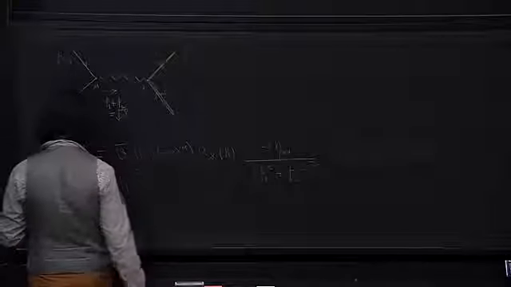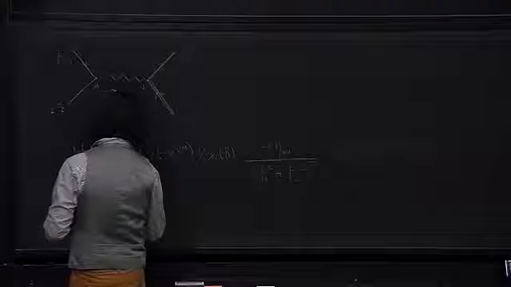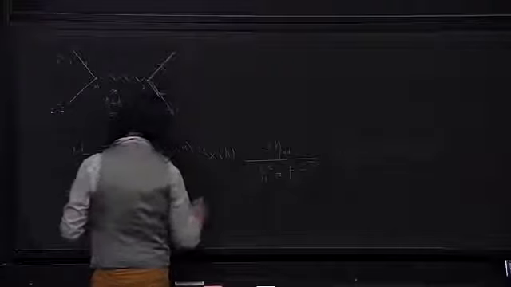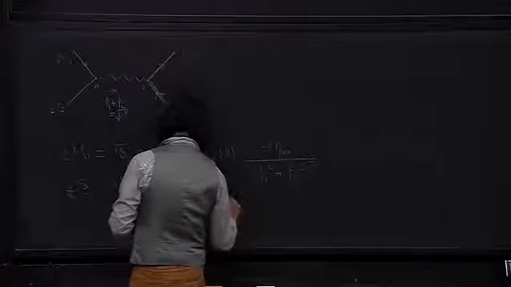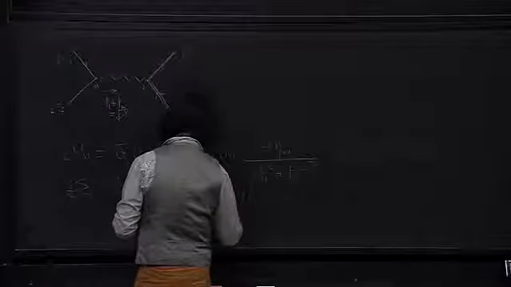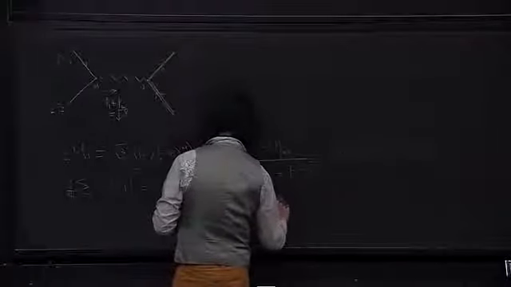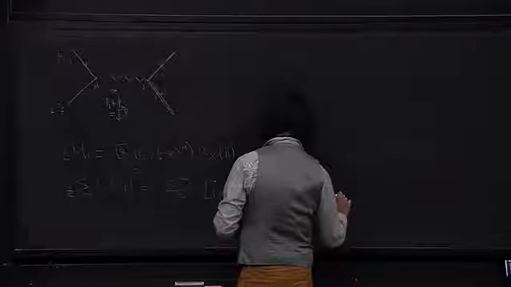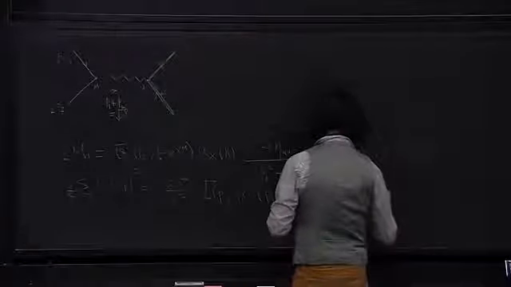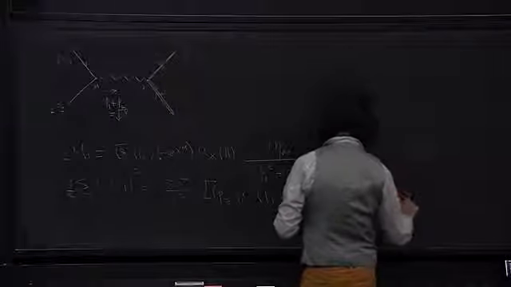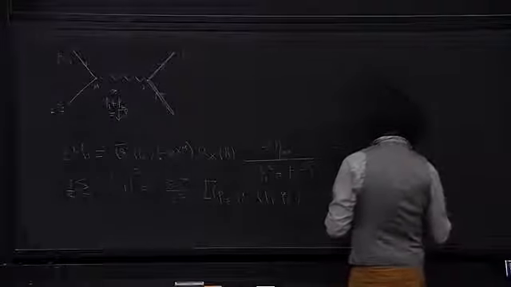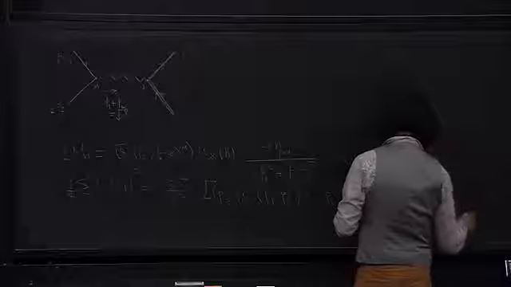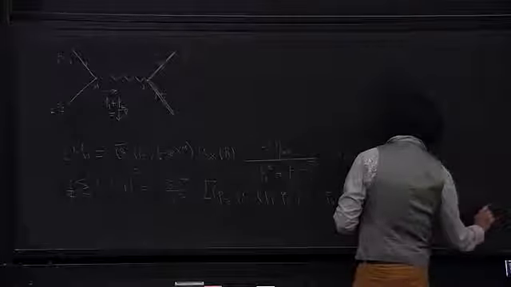So if you do this, then we get a nice and easy formula, which is, and here we assume that the mass of the electron was much, much smaller than the energies involved, so we could ignore the mass of the electron.